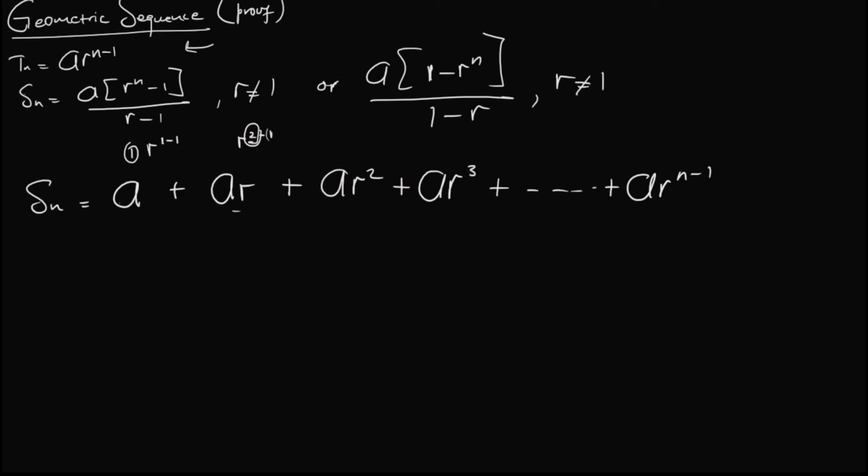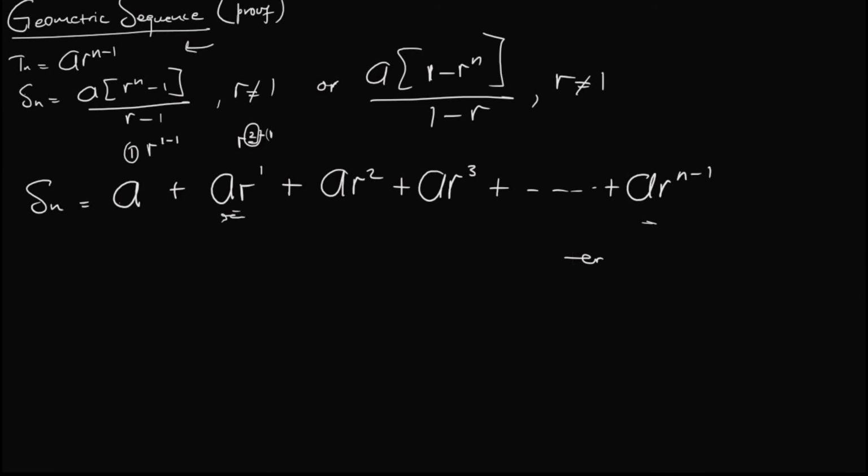If you count the exponents of r, these are n minus 1 terms, but if you add the first term A, you can see these are actually n terms.